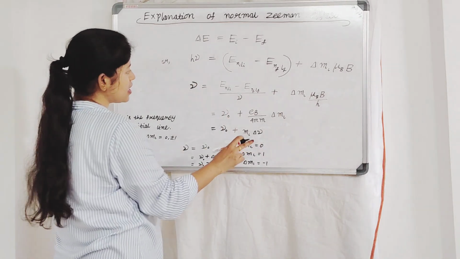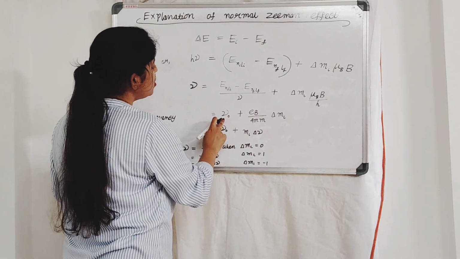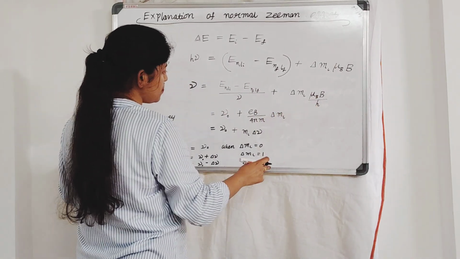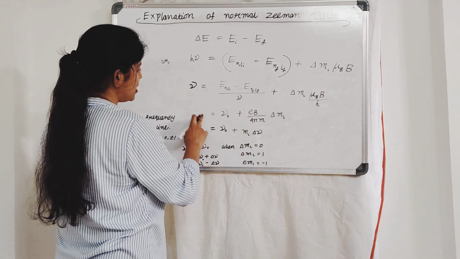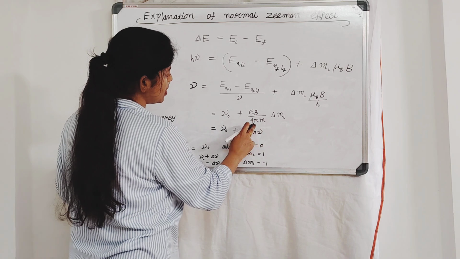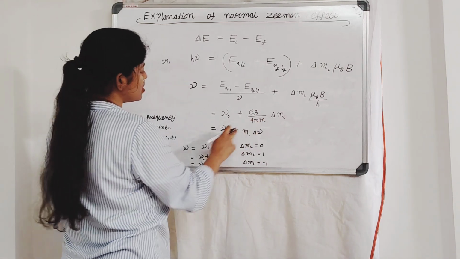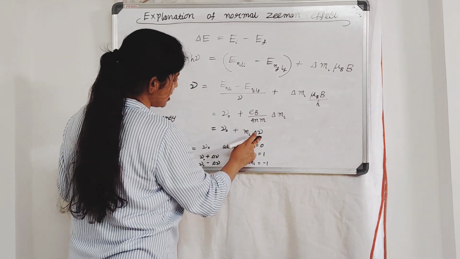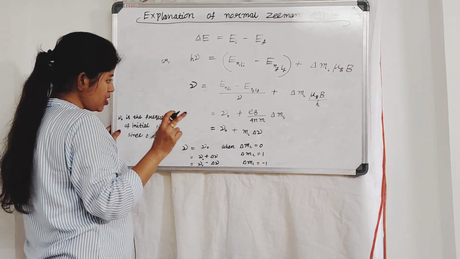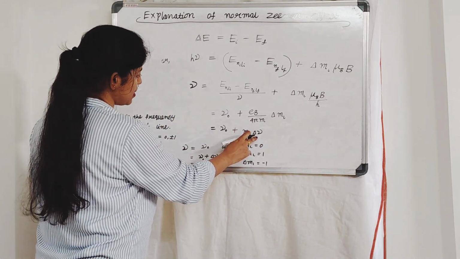We can write the first term as nu 0 and the mu B by h cut term in this way. So now we get the expression of nu: nu equals nu 0 plus e B by 4 pi m delta ml, which equals nu 0 plus delta ml delta nu. We can write this term as delta nu.